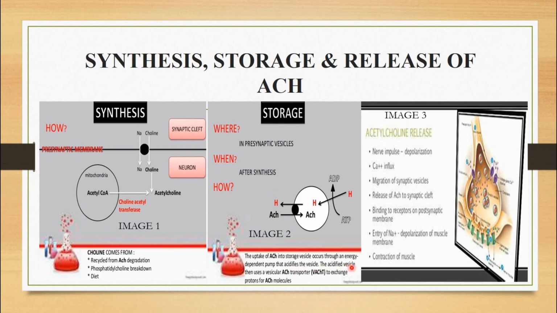And this acidified vesicle then uses a vesicular ACh transporter, that is VAChT, to exchange the protons for acetylcholine molecules. So the storage is done in the presynaptic vesicle, and the uptake of ACh, or acetylcholine, occurs through an energy-dependent pump.